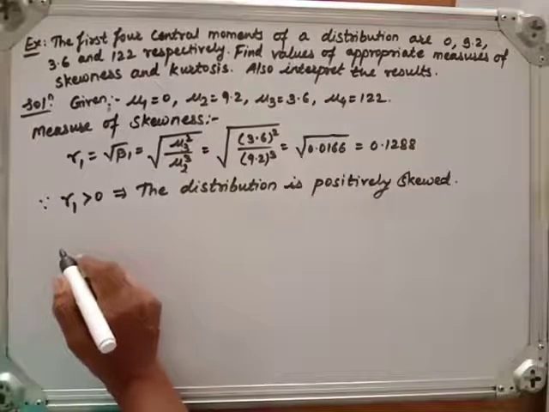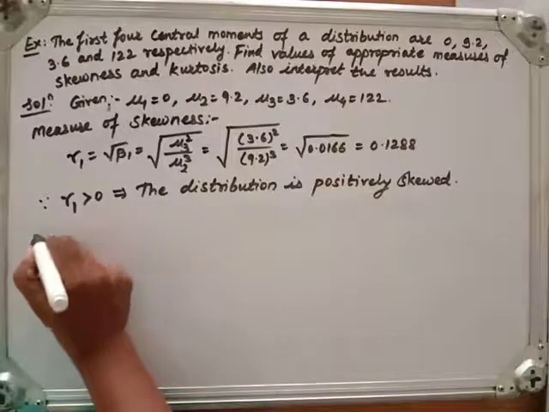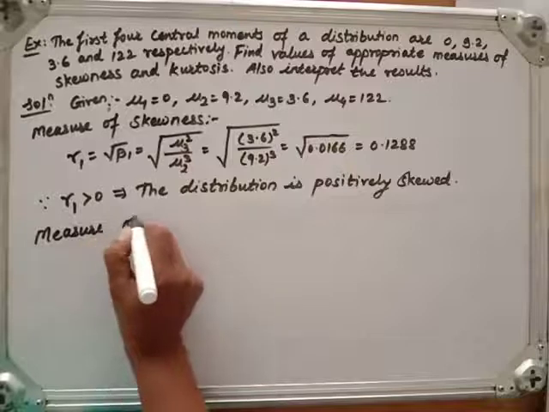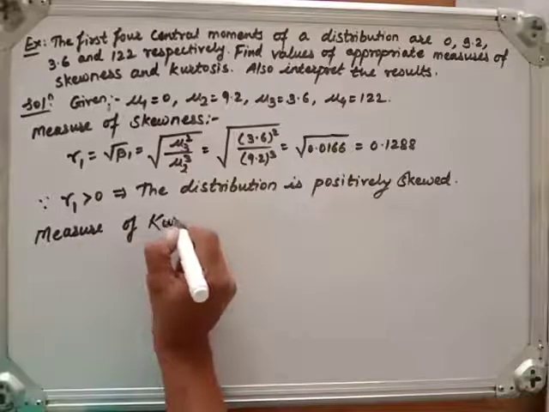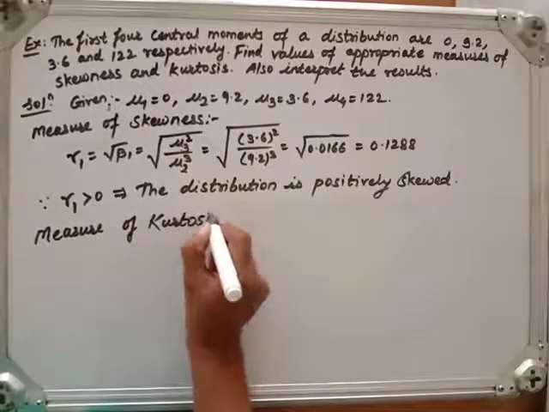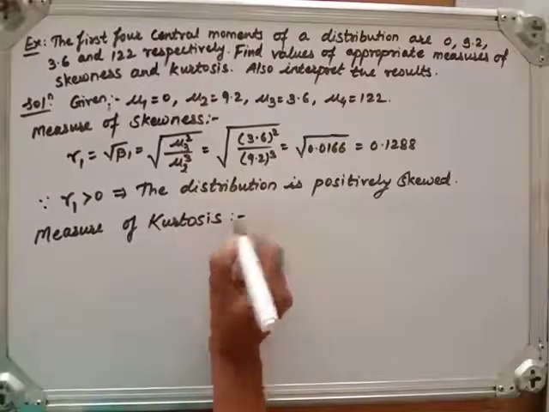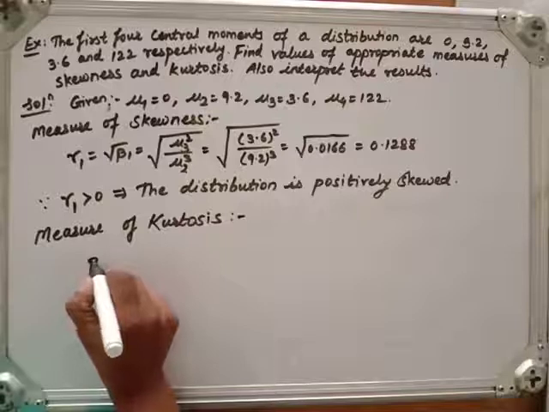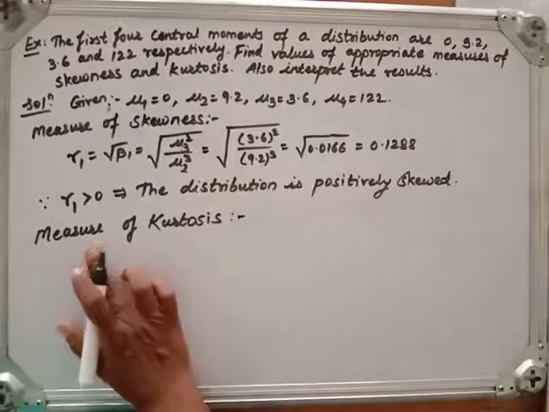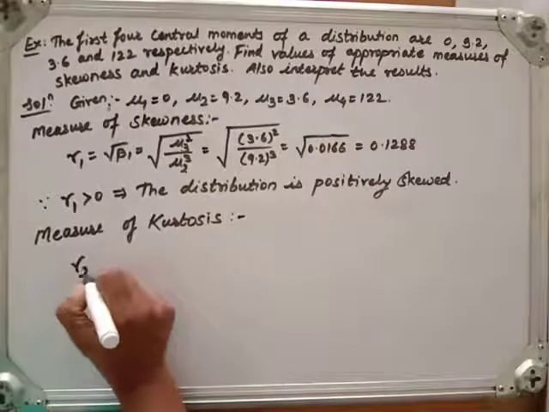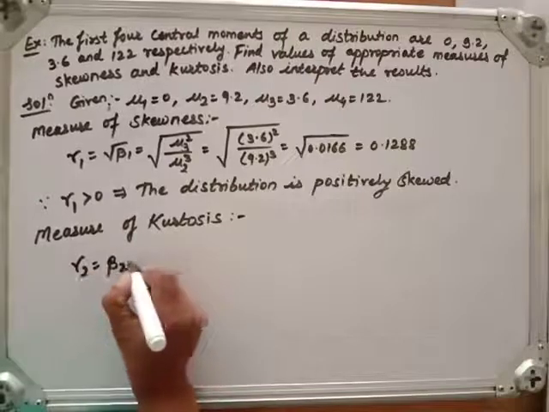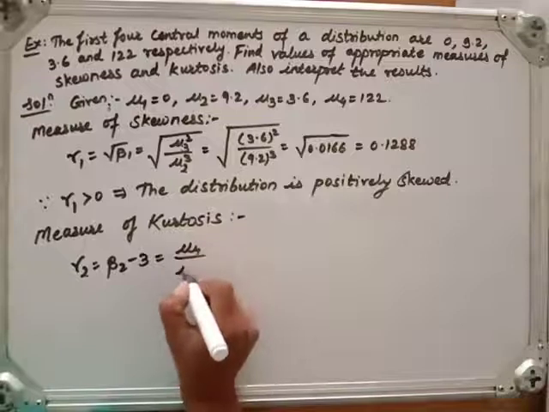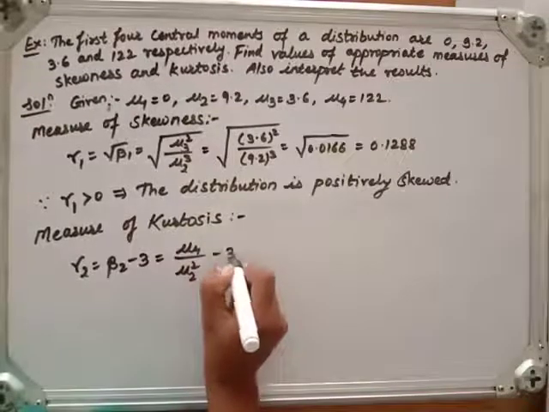Now about kurtosis. So measure of kurtosis is gamma 2, which is beta 2 minus 3, that is mu4 upon mu2 square minus 3.